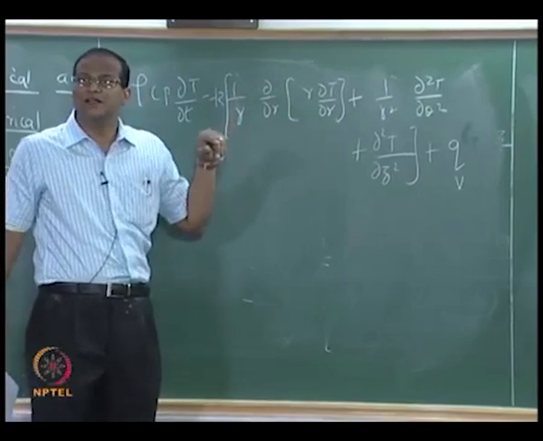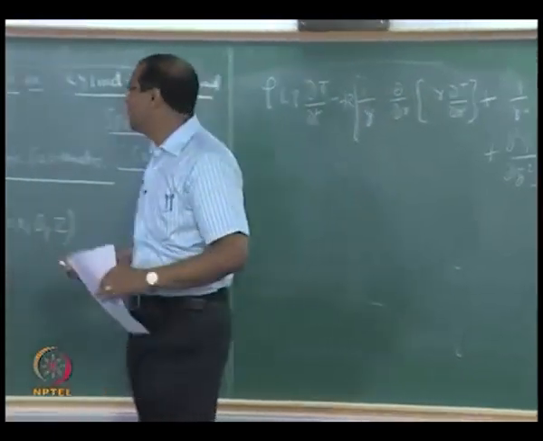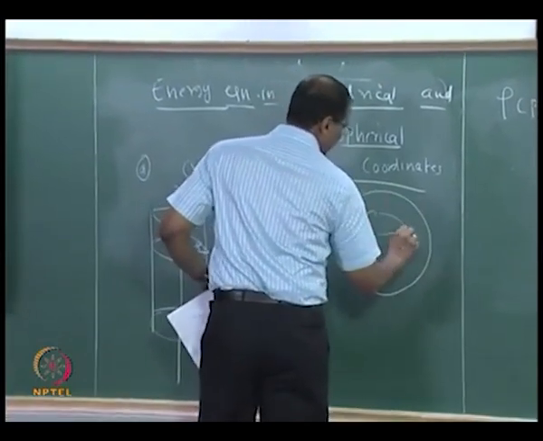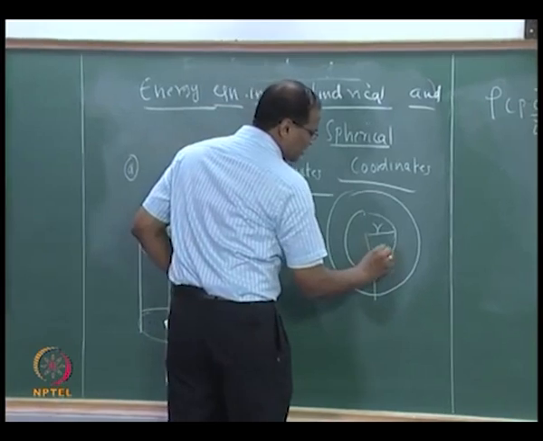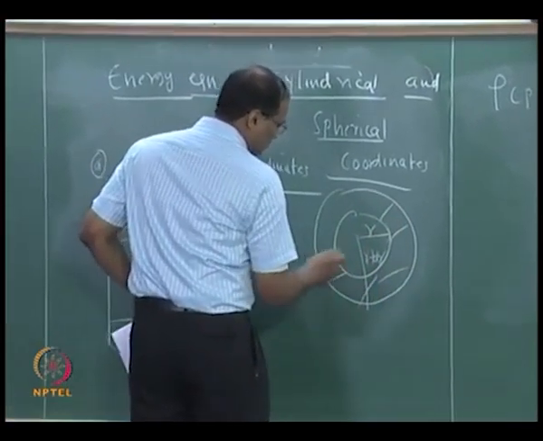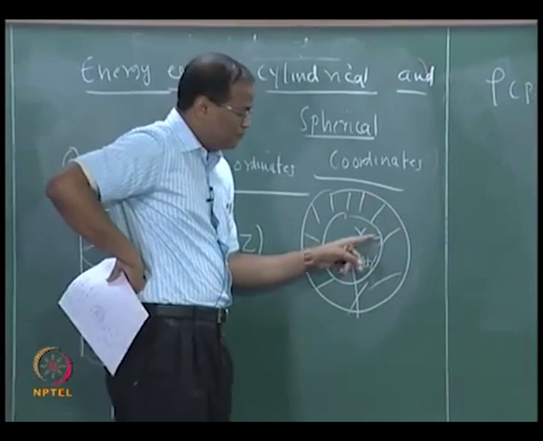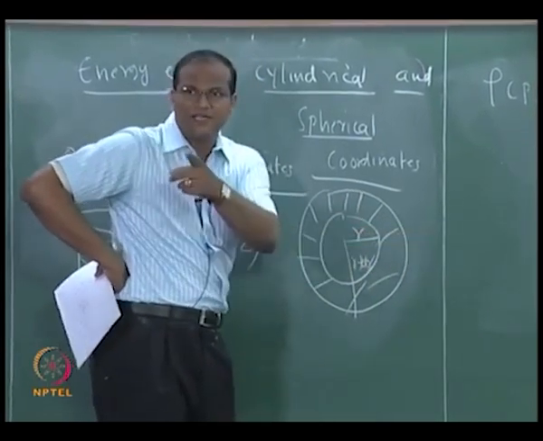We used to get d square T by dx squared there, but why is 1 by r coming? If you take a section r, if you take a section r plus dr, there we put minus small q at x equal to minus small q at x plus dx.